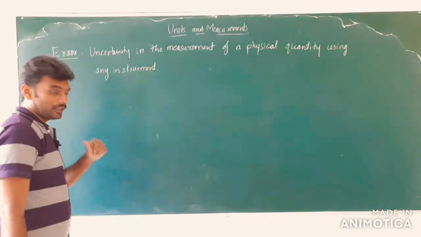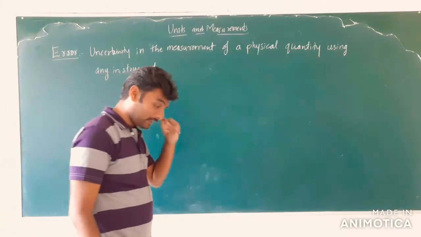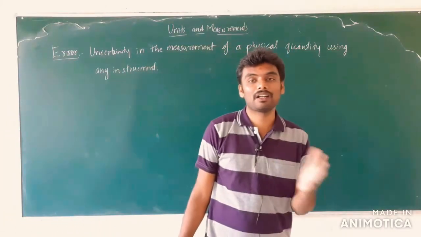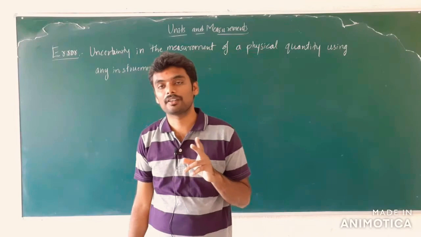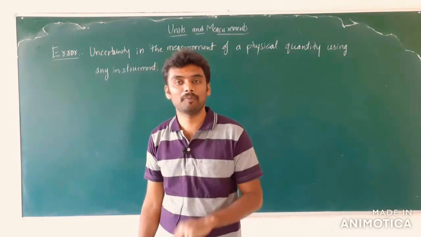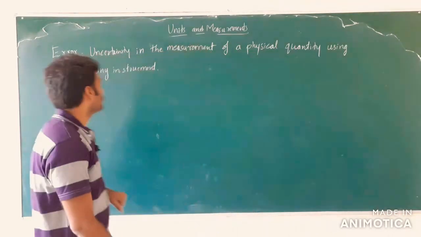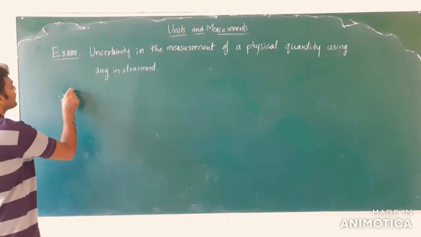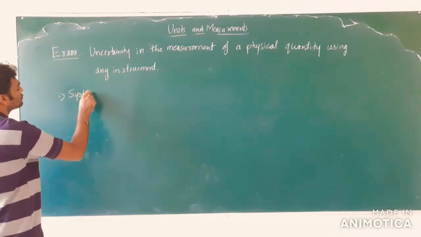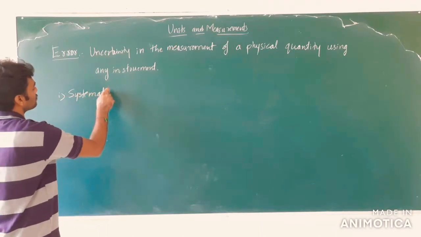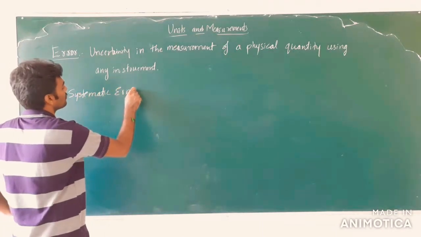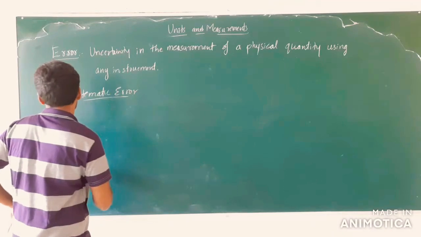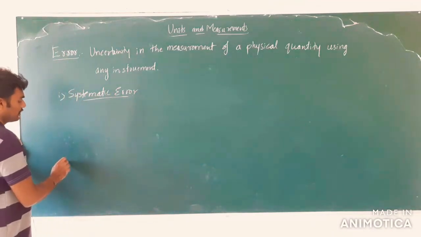Now these errors that we see are broadly classified as systematic error and random errors. So the types of errors are, one is systematic error, and the next is random error.